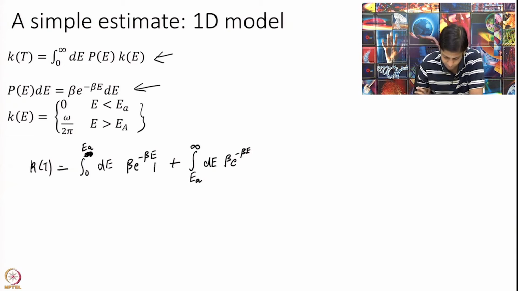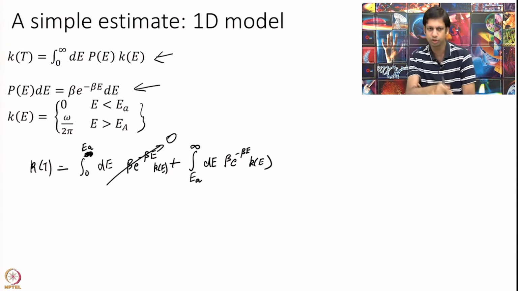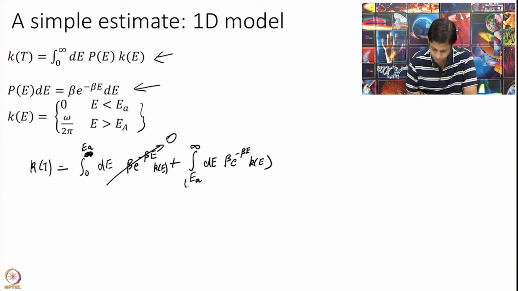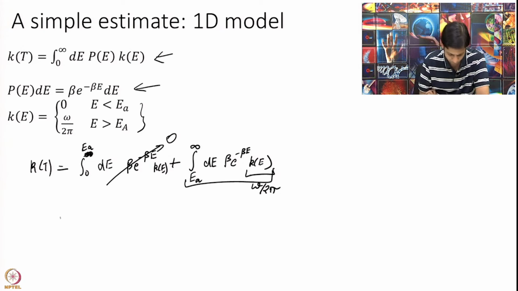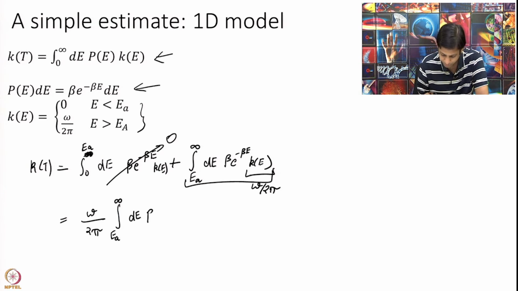The portion from 0 to Ea is 0, and for the rest k of E is simply omega over 2 pi. So, I take omega over 2 pi outside the integral, from Ea to infinity dE beta e to the power of minus beta E.